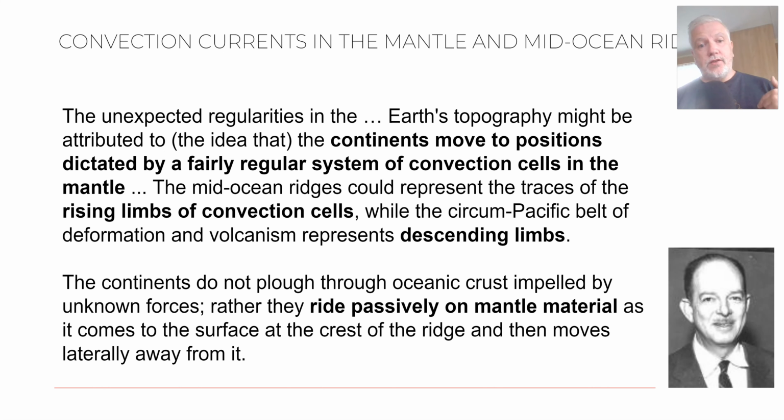The continents do not plough through the ocean crust, impelled by unknown forces, as suggested by continental drift and Wegener. Rather, the continents ride passively in the mantle material as it comes to the surface at the crest of the ridge, then moves laterally away from it. A beautiful simplicity to it.